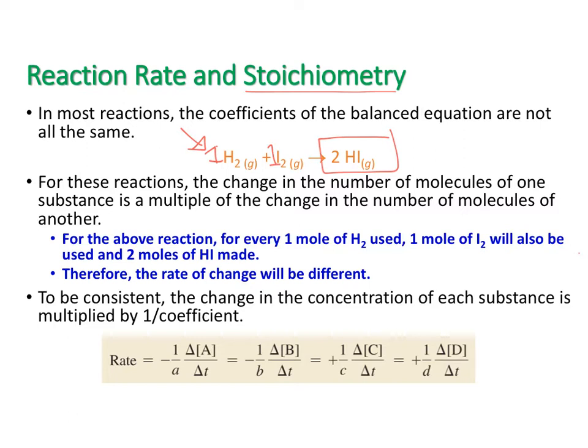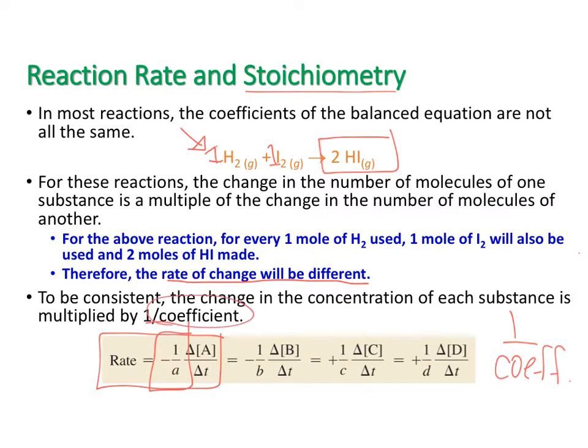Now, because of those ratios, the rate of change will be affected by that. We discussed a regular rate and how it's the concentration of either your reactant or product over time. We are going to add in a coefficient. We're going to do that by multiplying the calculation of the rate, so the concentration over the time, times 1 over the coefficient.